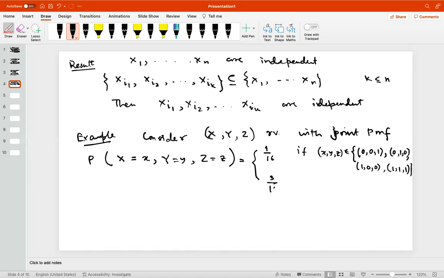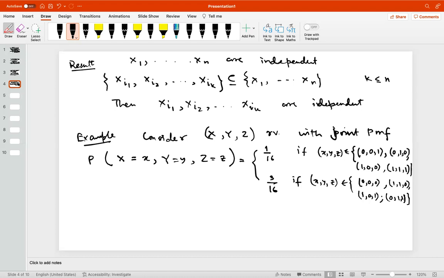And 3/16 if x, y, z is 0, 0, 0, 1, 1, 0, then 1, 0, 1, and 0, 1, 1. So for 4 choices there are 3/16, that is 12/16, and for 4 points there is 1/16. So 4/16, total probability 1.